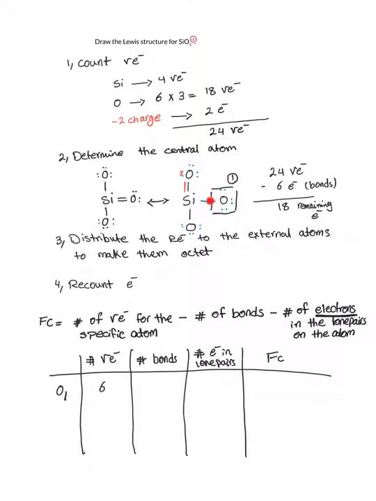You'll see one bond connected to that, minus 1, and it has 1, 2, 3 lone pairs, and each lone pair has 2 electrons, so overall 6 electrons.